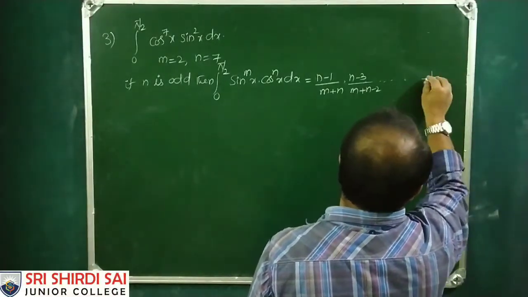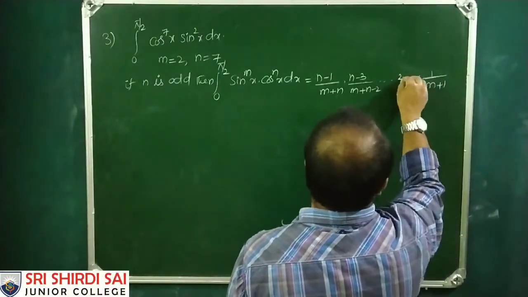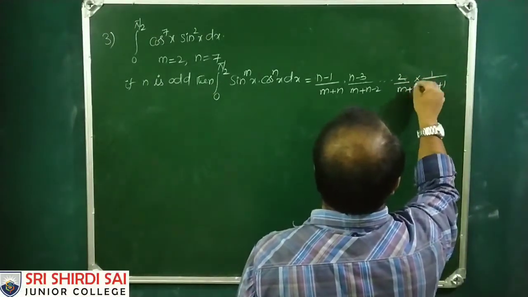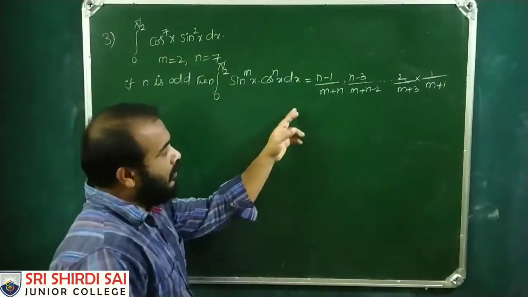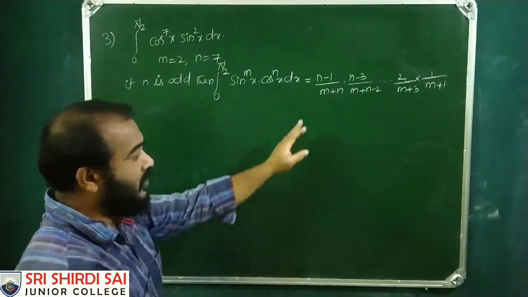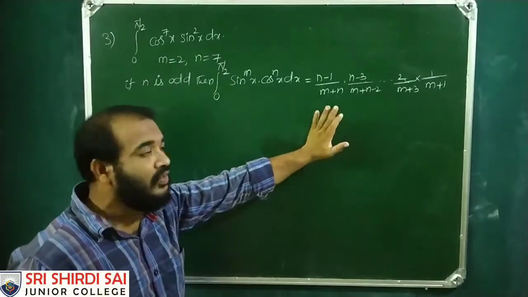So if you want to write its previous term, it is 2 by m plus 3. This is the reduction formula we have when n is odd.